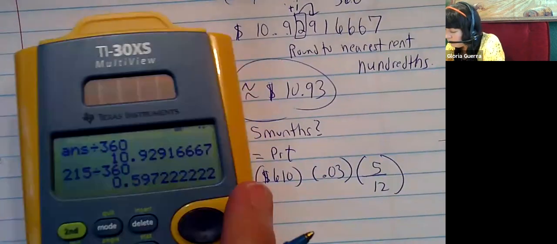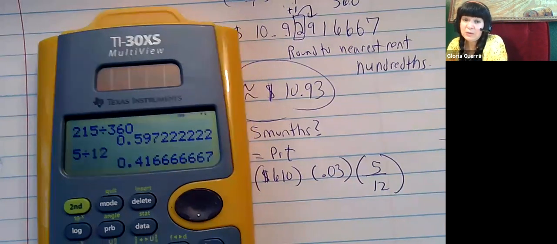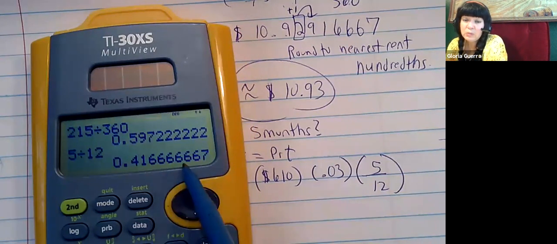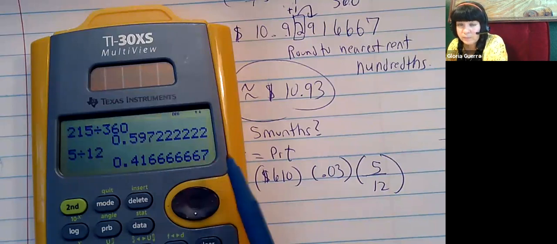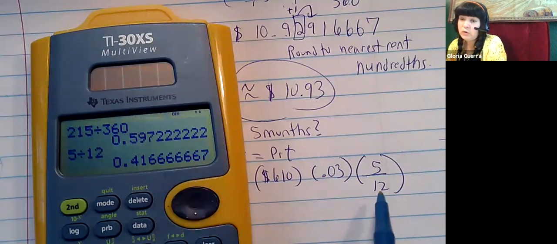So let me just see what 5 divided by 12 is. Ooh, that doesn't terminate. See all those repeating sixes? It terminates here at 7 only because the calculator can only record so many digits, but it actually continues. So that's repeating. So I'm going to leave it as 5 over 12, exact.